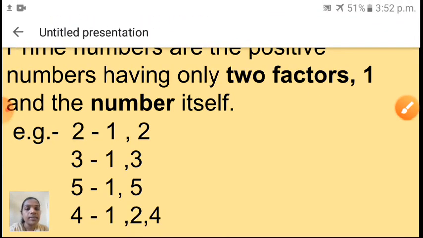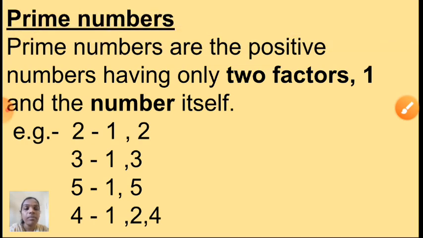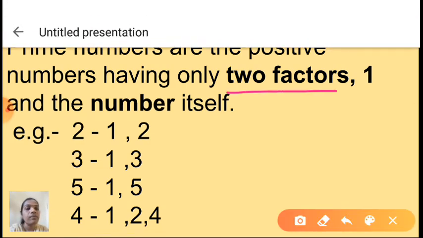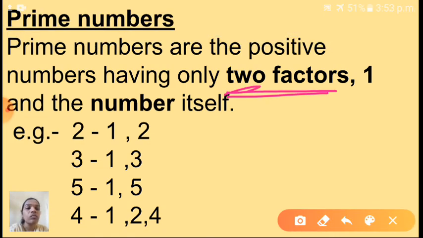Prime numbers are the positive numbers having only two factors, one and that number itself. So which number is having only those two factors, that is called prime number.